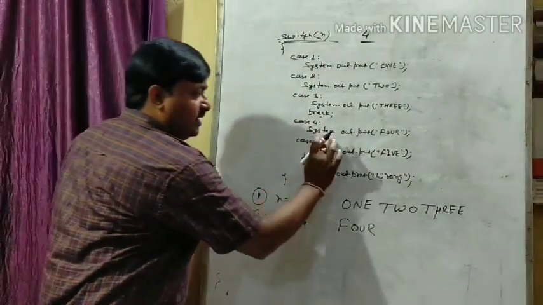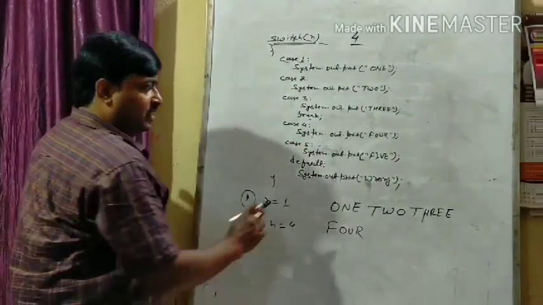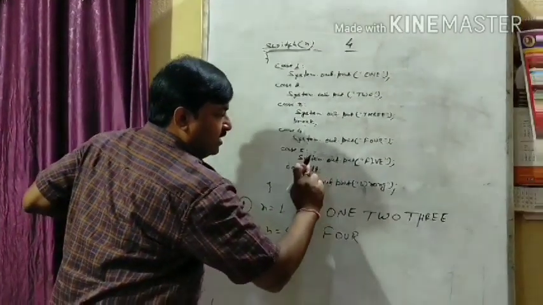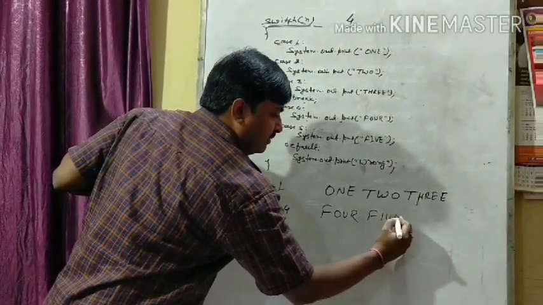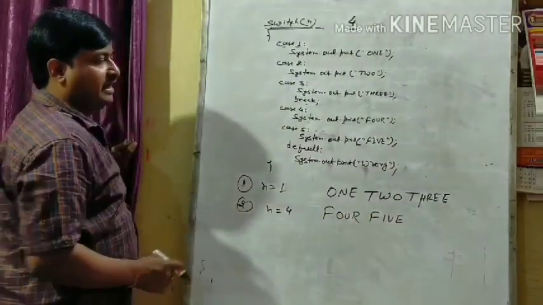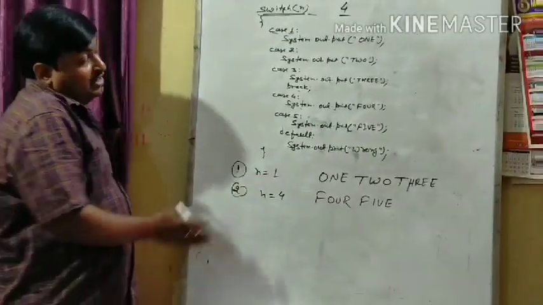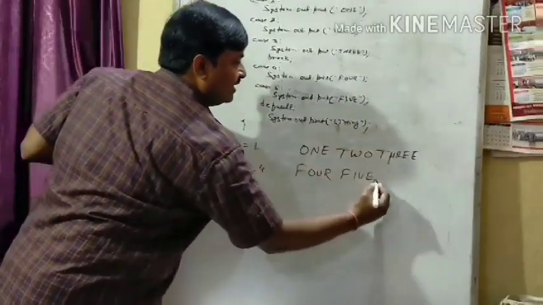There is no break statement, therefore control falls to case number 5, where system.out.print 5 is given. So 5 will be printed. Again, there is no break statement between case 5 and default. So control falls to the default statement, and default will be printed.